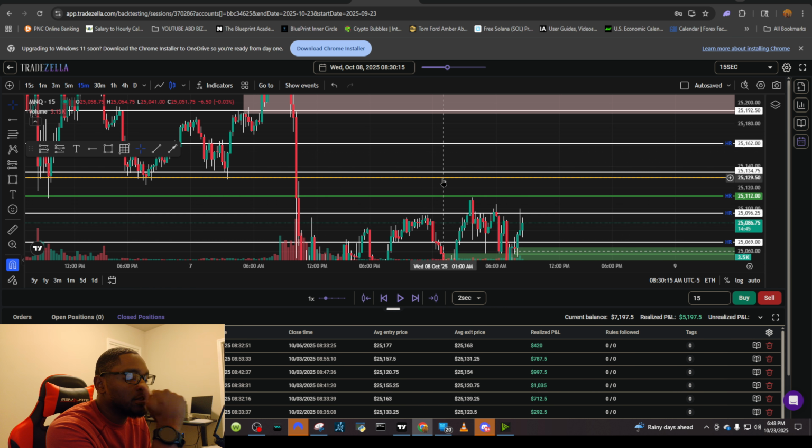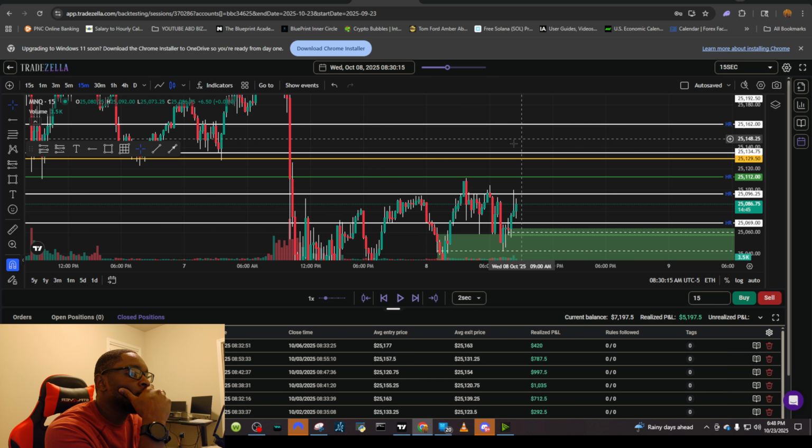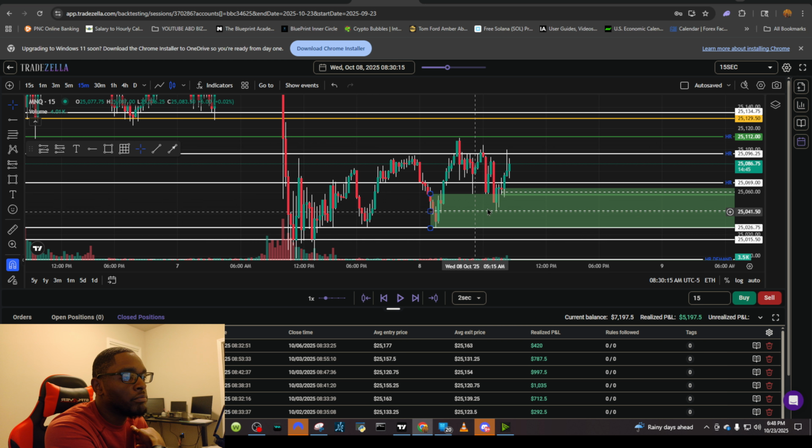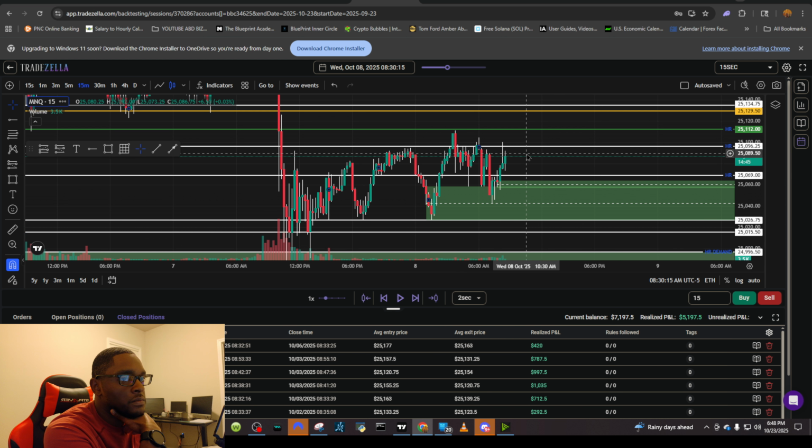Remember the yellow line I made for the trades that we made on Monday and Friday. This was where the buyers and sellers flipped. So anywhere under here we have strong sellers, but we're building momentum back up.